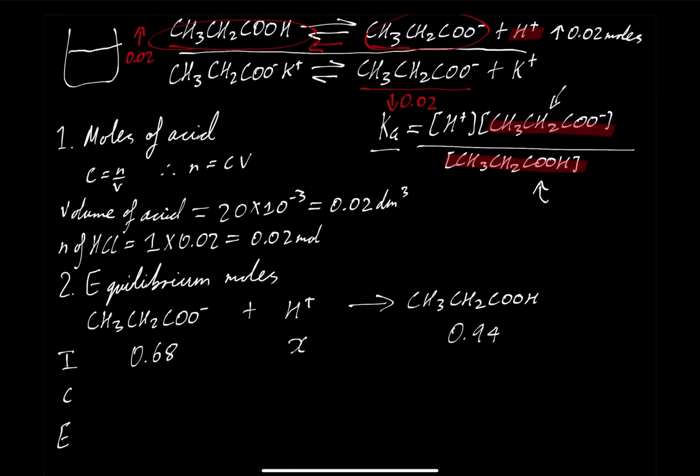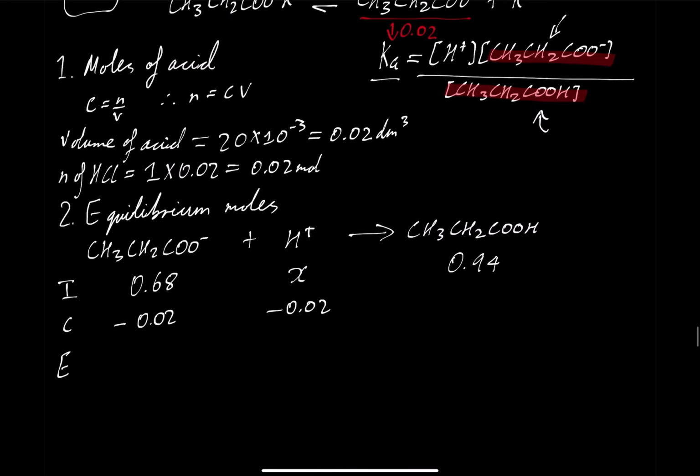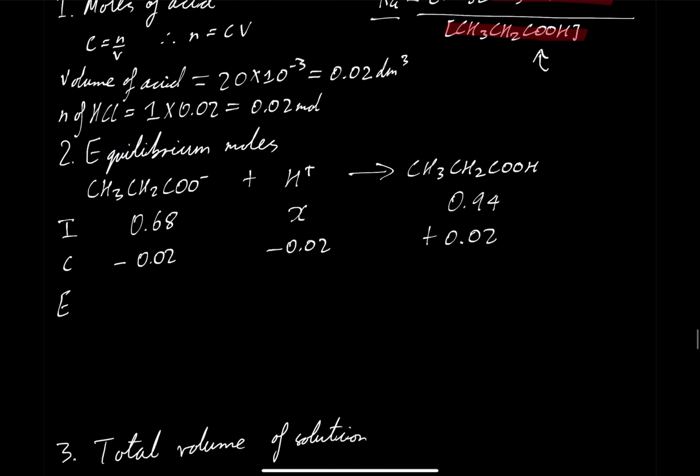I'm decreasing the moles of all of our products by 0.02 moles in this top equation. So therefore we have our changes: minus 0.02 moles, minus 0.02 moles, and we're going to increase our reactants by 0.02 moles, so it's plus 0.02 moles here. Therefore we have 0.96 moles of propanoic acid and x minus 0.02.